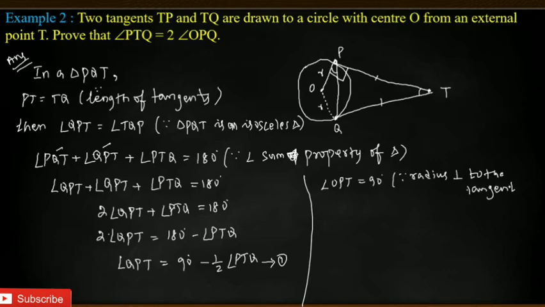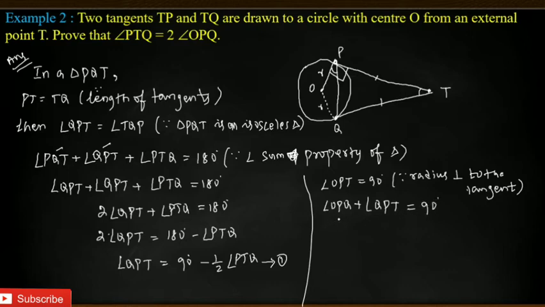So OPT is the sum of OPQ plus QPT, which is equal to 90 degrees.